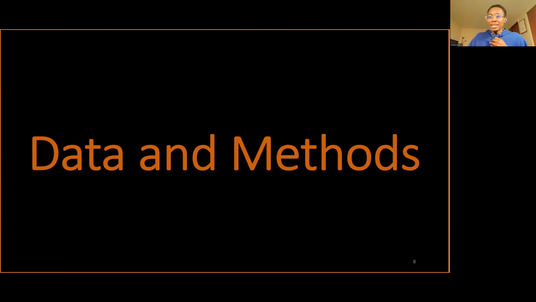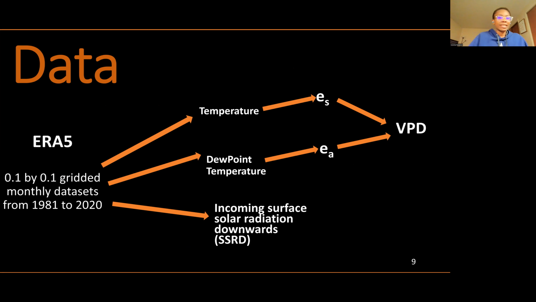Okay, so let me tell you about my data and some of the analysis I did. I got my data from ERA5. I can't remember the full meaning, but you can check that online. It's a high resolution reanalysis data, 0.1 degrees by 0.1 degrees from 1981 to 2020, because I wanted to see recent changes in my variables compared to historical changes.